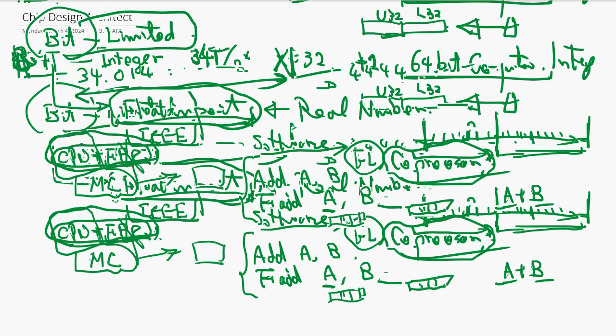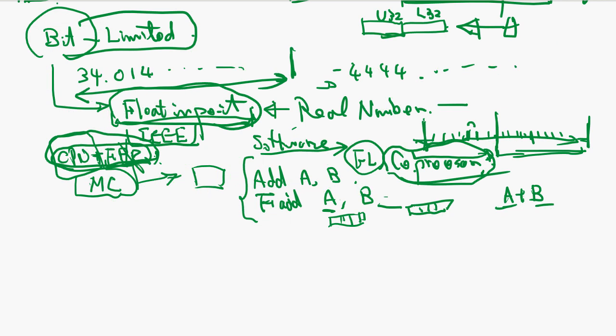And even for integers, there are some details, like two's complement, one's complement, and the signed integer. It's all different.